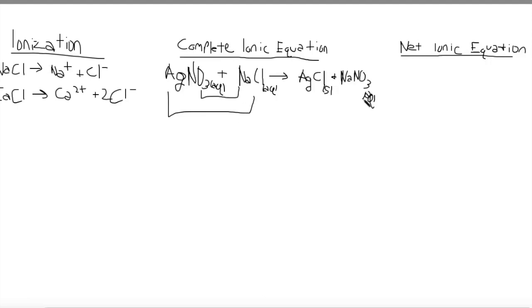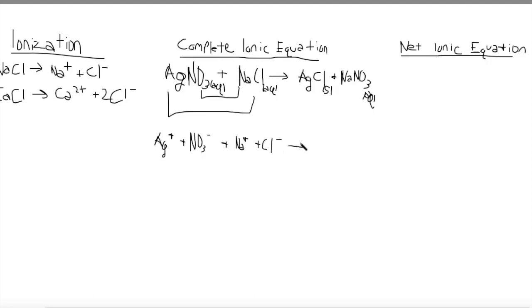So now all soluble compounds will be split up into their ions. So we have silver, which has a 1 plus, and we're going to add that to nitrate with a 1 minus. Sodium with a 1 plus. Chlorine with a 1 minus.